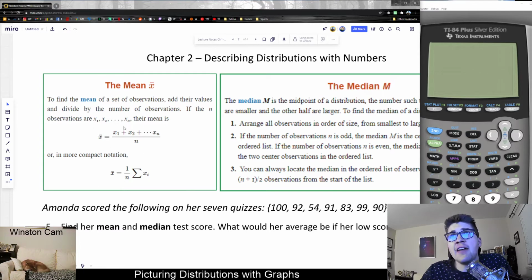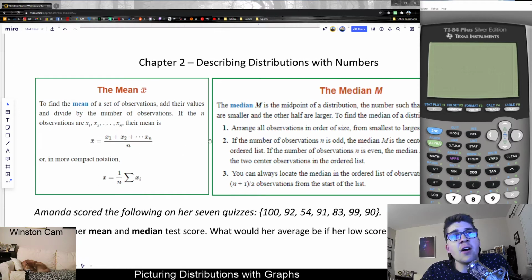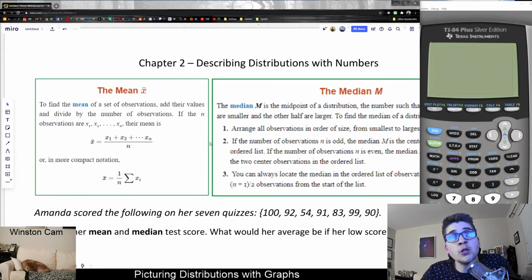Our packets often include little snippets from our book, like definitions or formulas, things that I think are useful for you to have handy. Basically it says x bar is equal to x1 plus x2 plus ... xn divided by n.